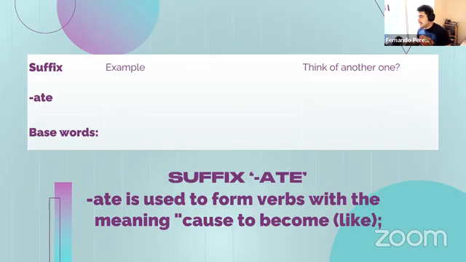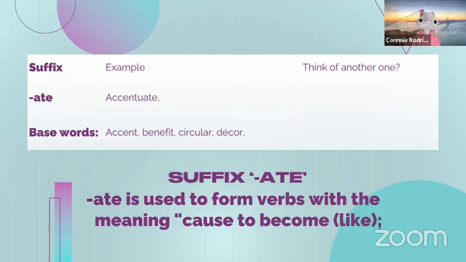For example, if you have the base word accent, which is a noun, benefit, which is a noun, circular, which is an adjective, and for example, decor, which is a noun as well. Accent as a verb: accentuate. That's correct.